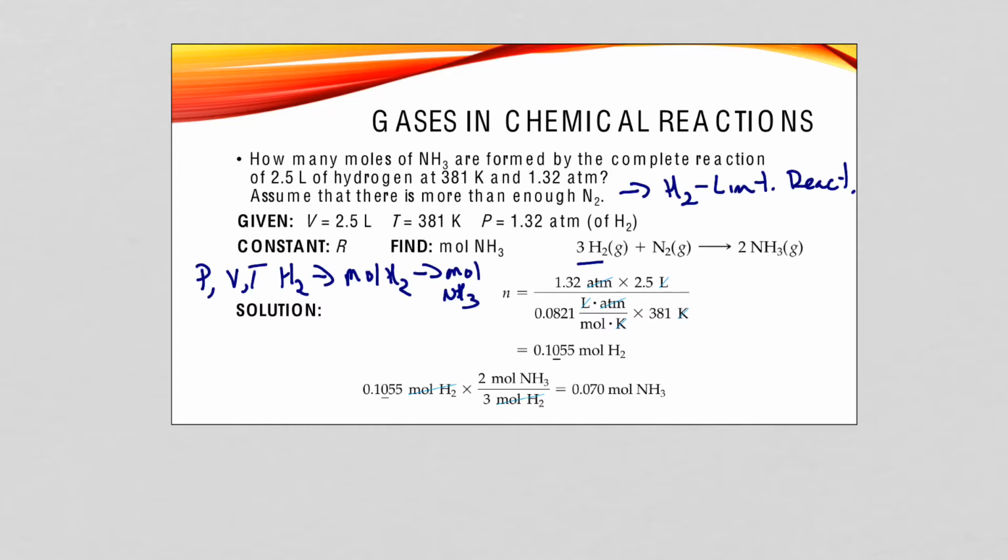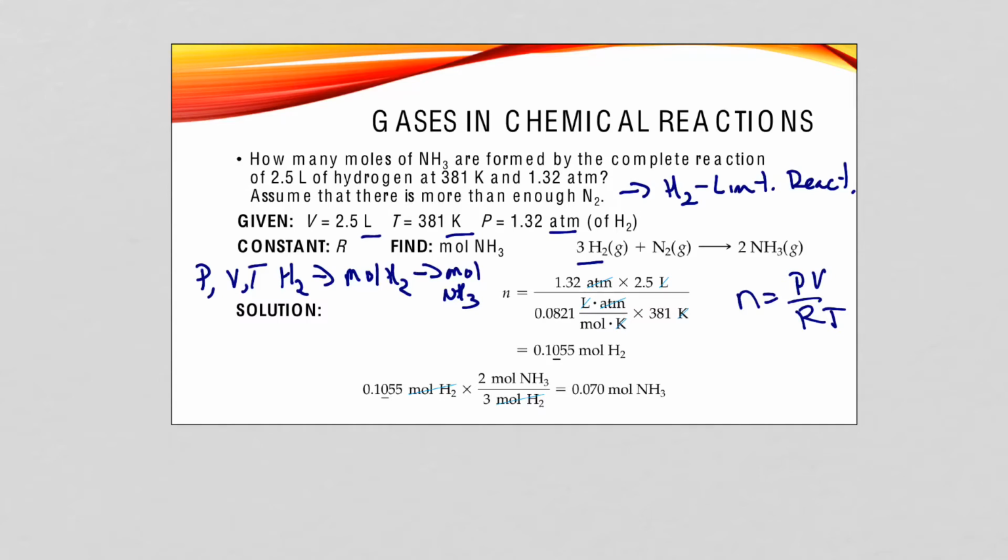Our first step is to go from the pressure, volume, and temperature into moles of hydrogen. Here we're going to use our ideal gas law, n equals PV over RT. We're going to plug in our P, our V, and our T, making sure, of course, they're in the right units. We have atmospheres, we have Kelvin, we have liters, which is what we need.